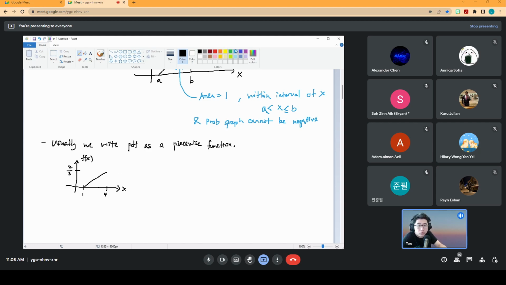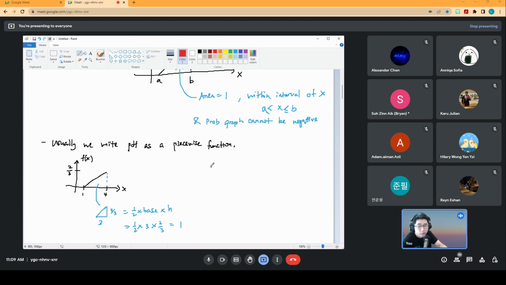First of all, if this is 2/3, then we can see the size of the area. If we fill the area, the triangle has a base of 3 and a height of 2/3. Using half times base times height, we have 1/2 times 3 times 2/3, so you can see that it equals 1. Therefore you have 2/3 there.